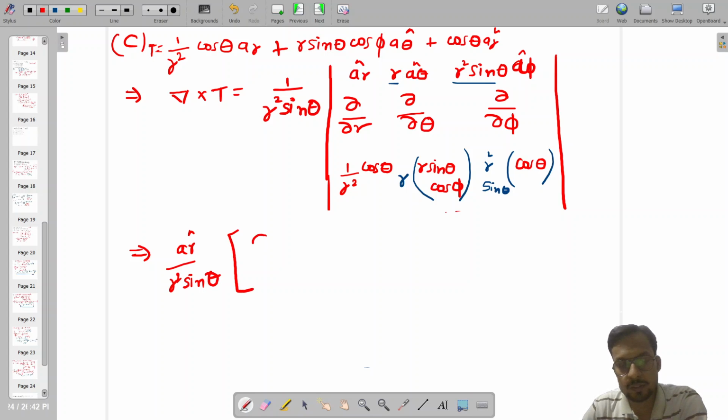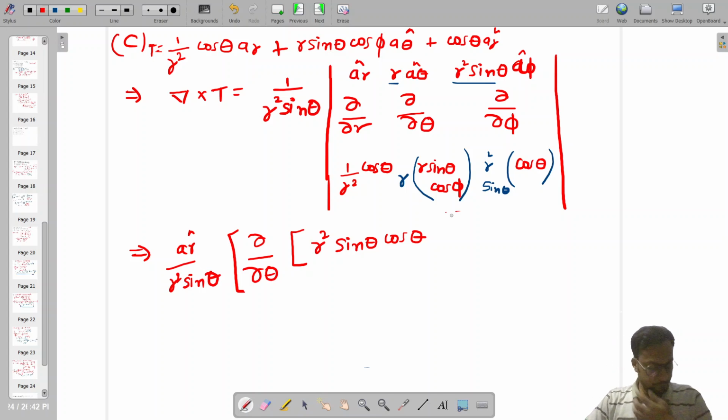Now taking the differentiation by having the scaling factor with them, del upon del theta will give r square sine theta cos theta. So this is r square. So the phi term is sine theta.